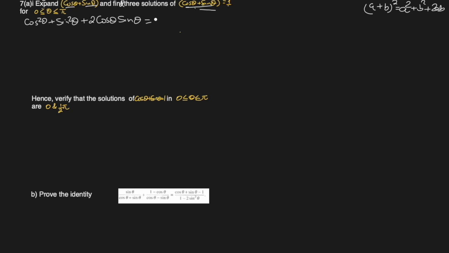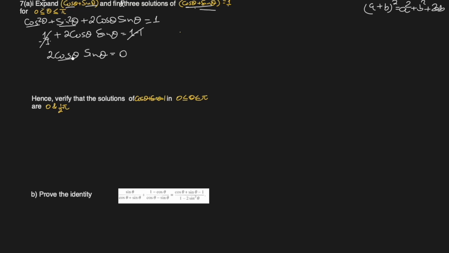That's the equation we have to solve. Cos square theta plus sin square theta is also 1. Then we have 2 cos theta sin theta equal to 1. Both sides have 1, so we can cancel. It's like subtracting 1 from both sides. We are just left with 2 cos theta sin theta equal to 0.